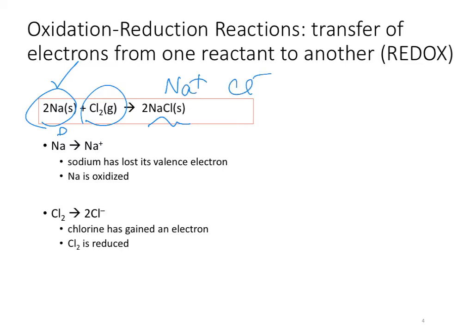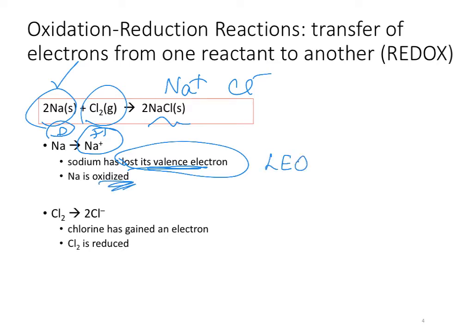And so we can see that sodium has gone from a 0 charged neutral atom to a positive 1 charged cation. And so it has lost an electron. We say when a substance has lost an electron that it has been oxidized. Okay? So lose electron, oxidized.